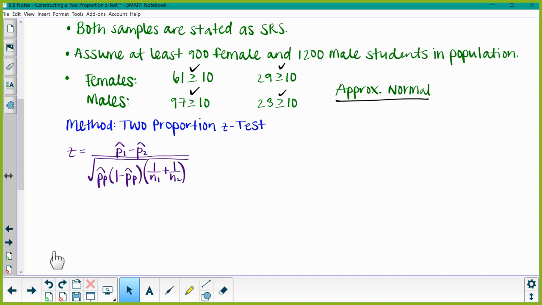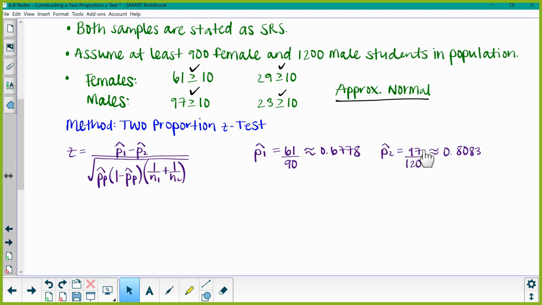So I need to know a couple of things. I need to know what P1 hat is, I need to know what P2 hat is, and I need to know what P pooled hat is. So I'm going to go ahead and start identifying those different things. Well, P1 hat is just our sample proportion. That's 61 over 90, which is approximately 0.6778. I just plugged it in my calculator, got my decimal answer, and rounded it to 4 decimal places.